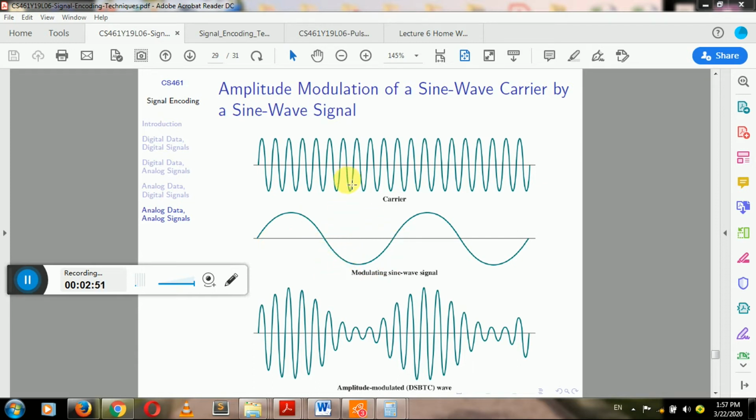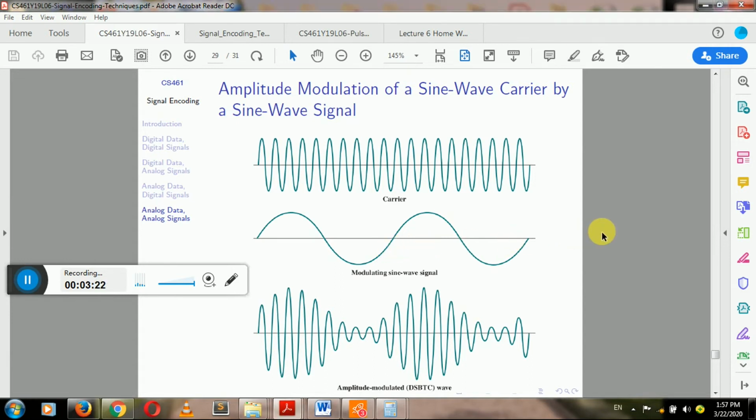So we send our data with a different frequency, but for a positive amplitude of input data we have a higher magnitude amplitude, and for a negative voltage amplitude of input data, we have a lower amplitude value. So by this we change the carrier depending upon our input data.